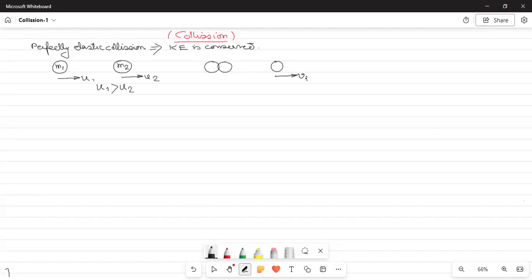We do not know the direction of v1 at this moment, but we shall consider it in the right-hand direction. If our answer becomes negative, then we shall know it actually goes in the left-hand direction. And we consider M2 travels with a velocity of v2.